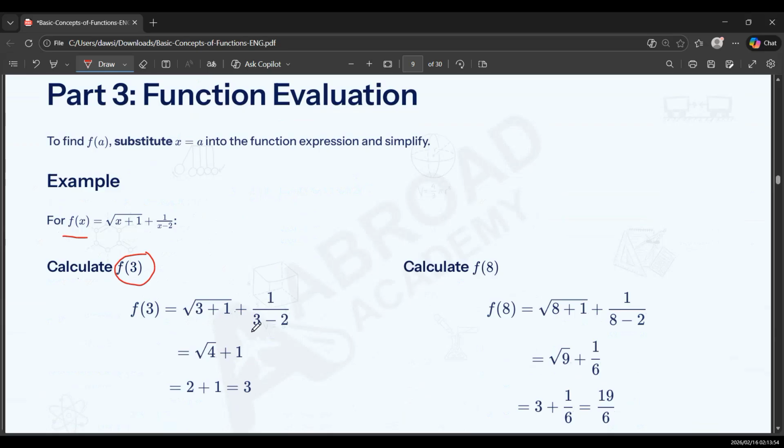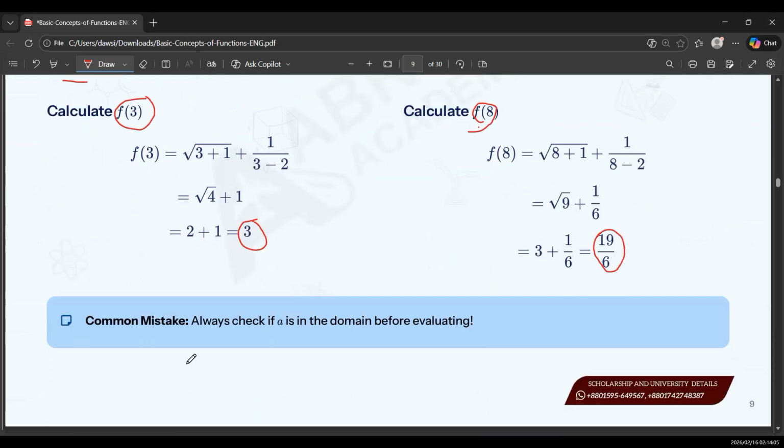So √(3 + 1) plus 1 divided by (3 − 2). So what is the answer? It's 19 divided by 6. And what is the common mistake students can make? Always check if a is in the domain before evaluating.